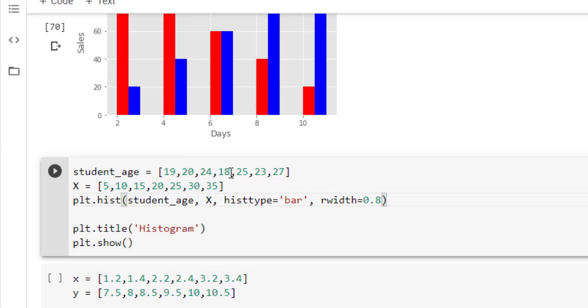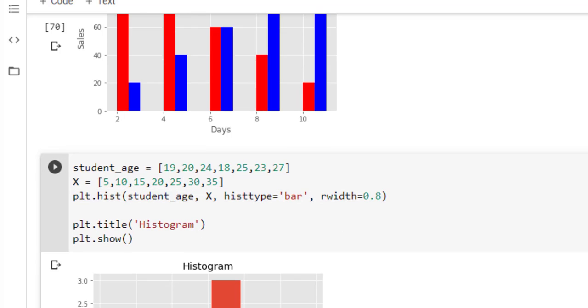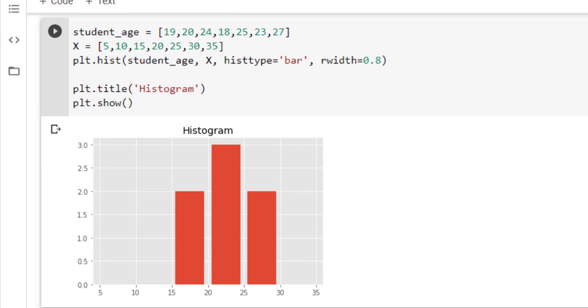The next is you have an array of students of different ages and the number of people in a particular age, and you plot the histogram type graph, which is of bar type with width 0.8.